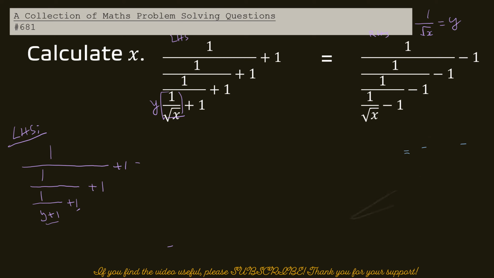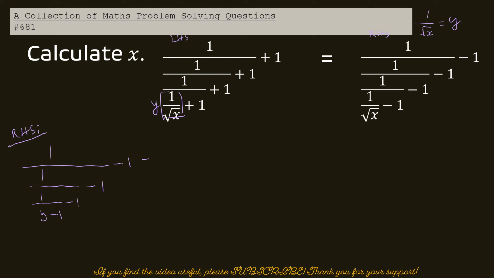Watch though. So all of this will be minus 1, and that will be minus 1, and then I have minus 1, and then it will be y minus 1. This of course is the right hand side that I'm doing now.